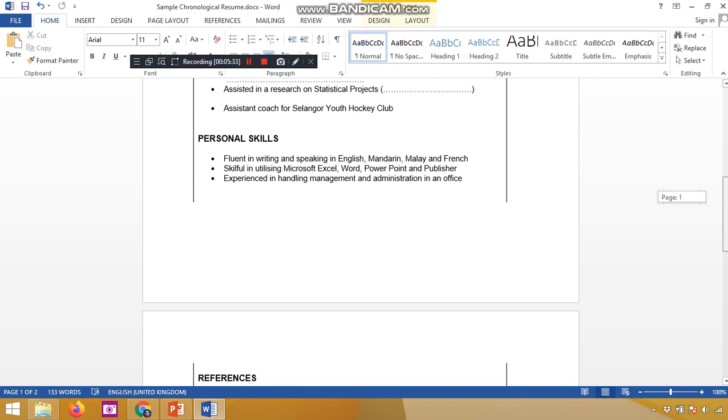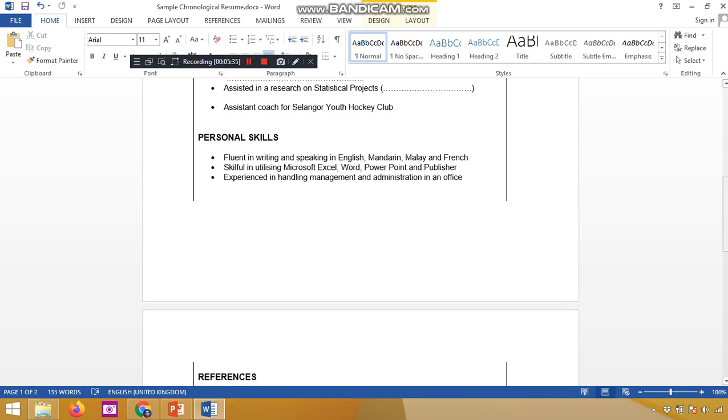Okay, next is the personal skill. Remember, for personal skill, this is soft skill, yeah? We try to match with the requirement. If they want someone who's fluent in different languages, you see, fluent in writing and speaking English, Mandarin, Malay, and French. Maybe you took one of your minor language subjects in university, French, or Arabic, or Mandarin. You can put that.